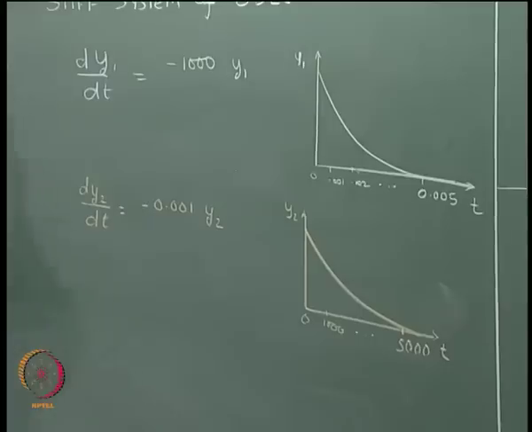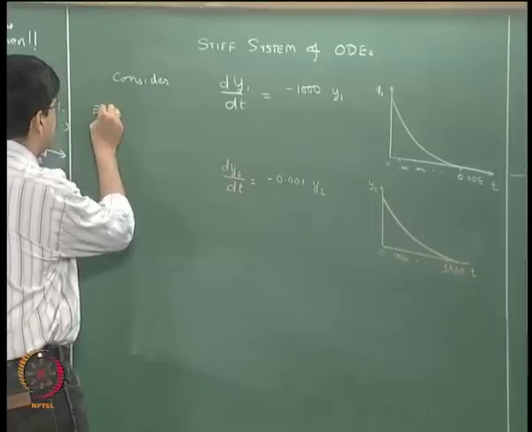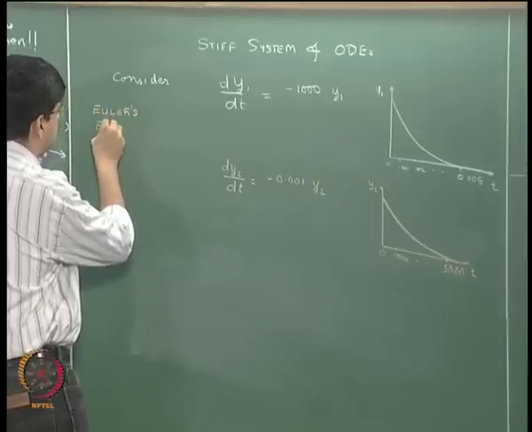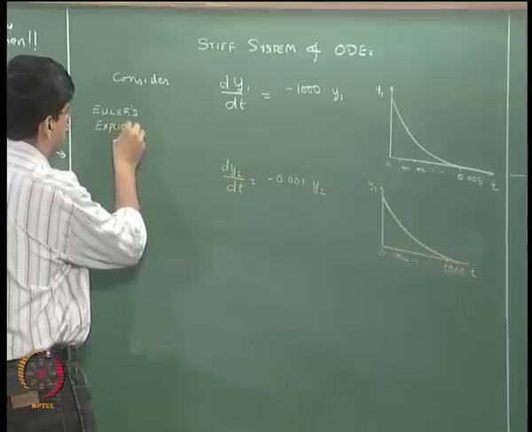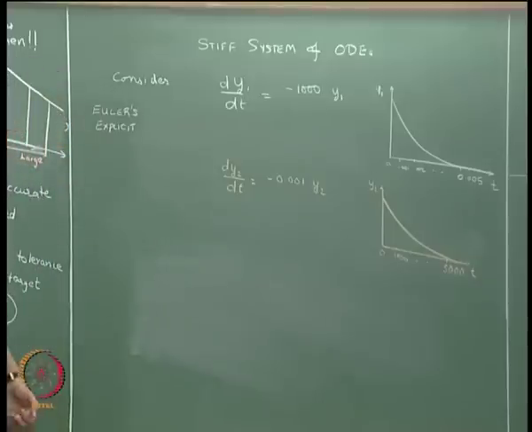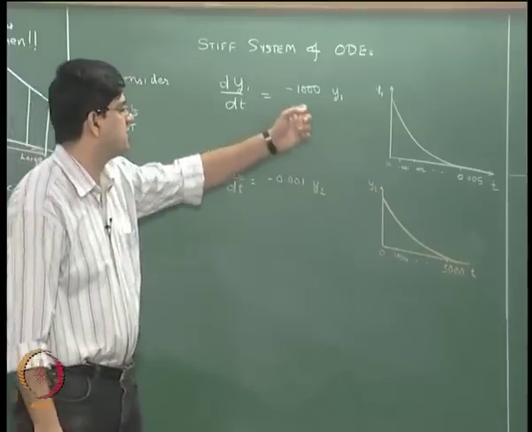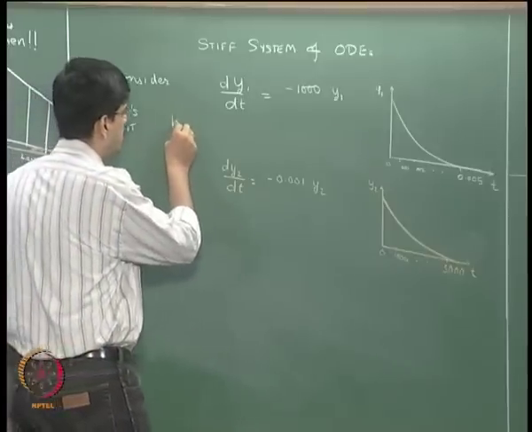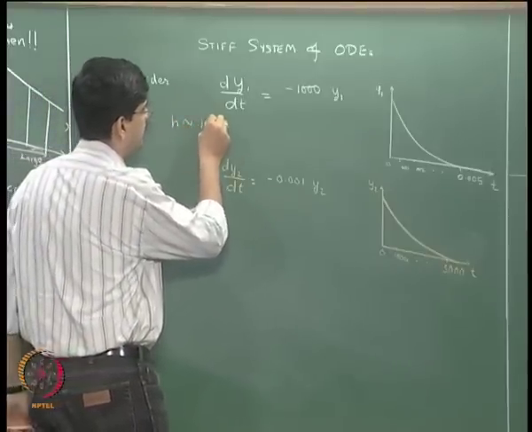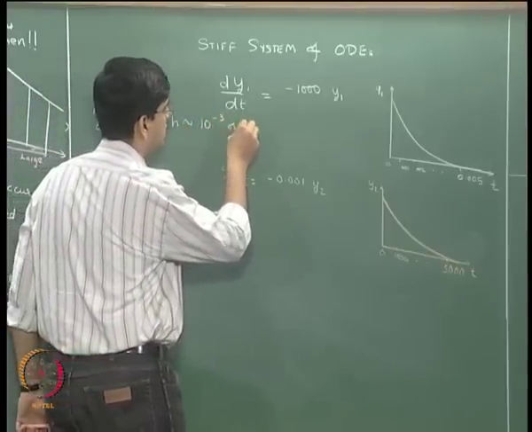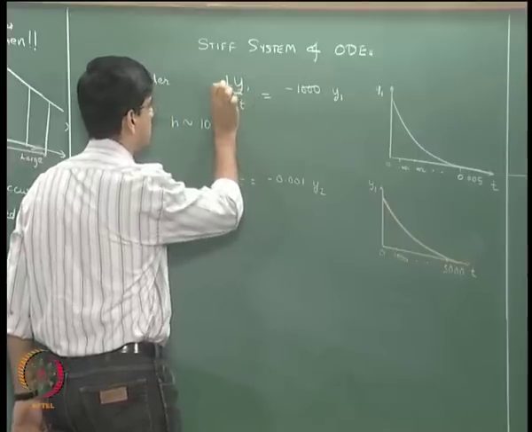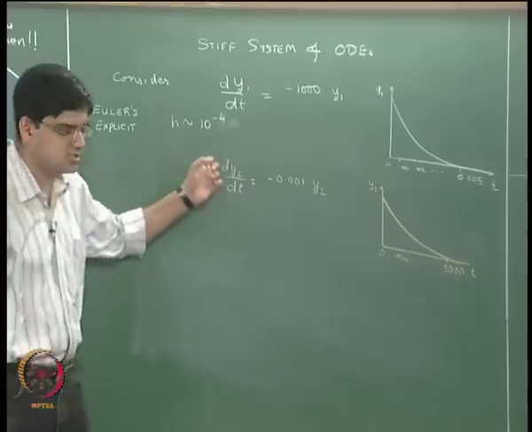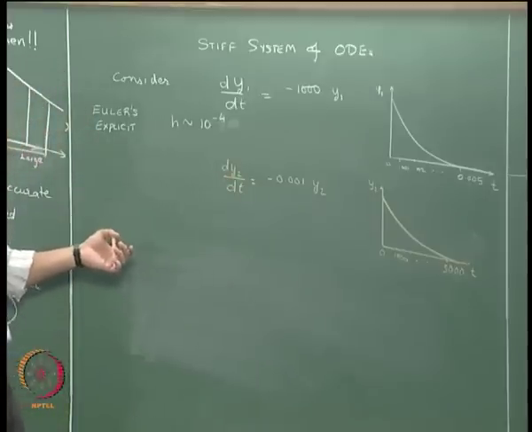Okay. Now let us say that we were to solve this by Euler's method. For solving this by Euler's explicit method, in this particular case we would have to take h of the order of say 10 to the power minus 3 or 10 to the power minus 4 in order to get a stable solution, and a solution with a fair amount of accuracy.